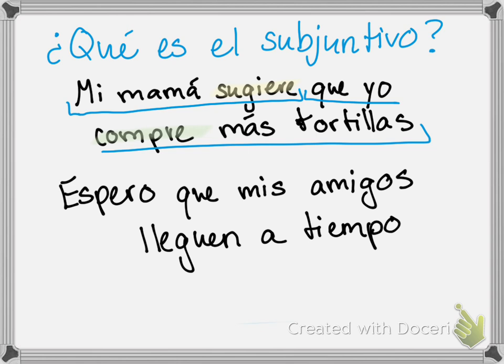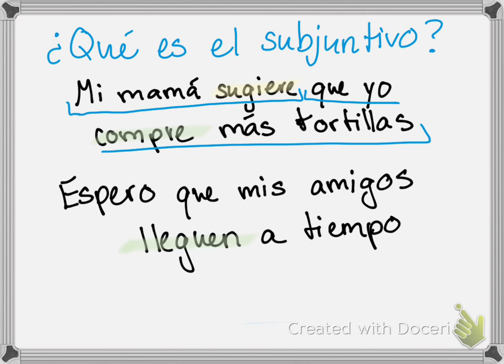Lleguen is in that subjunctive tense, that subjunctive mode, because I am talking more about my hope that my friends arrive on time. I'm not saying my friends are arriving on time. They might not. I don't know. But what I'm concerned about is how I feel about them arriving. I hope they arrive on time.